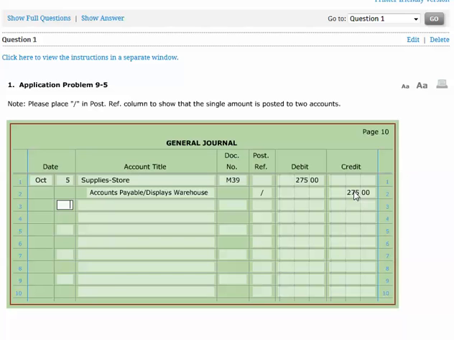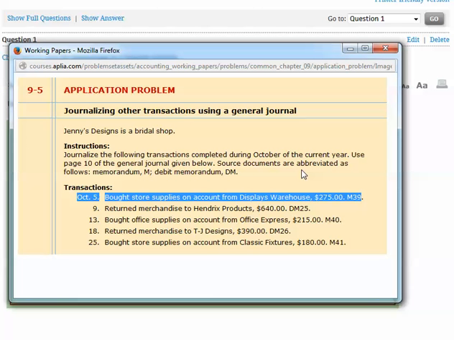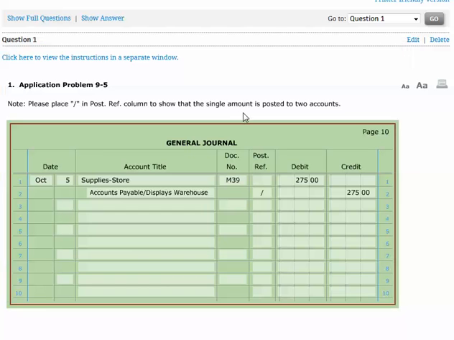Remember, a purchase invoice goes in the purchases journal, and a check number goes in the cash payments journal. A memorandum or debit memorandum, as a good rule of thumb, goes in the general journal, because we're not purchasing merchandise, paying cash, receiving cash, or selling something. It falls into every other area. Any questions?